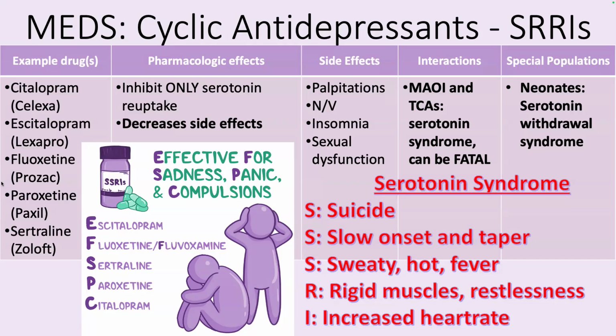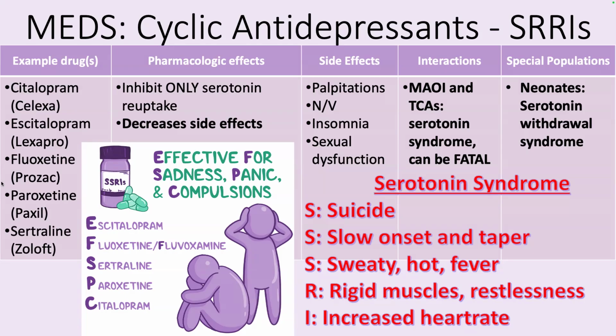Patients are going to appear sweaty, hot, febrile. They may have muscle rigidity and restlessness and an increased heart rate. You can remember that by SSRI. Things in bold, very important. MAOIs, which we're going to talk about, and tricyclics can cause serotonin syndrome if they're taken at the same time, because all of these drugs are increasing the level of serotonin.